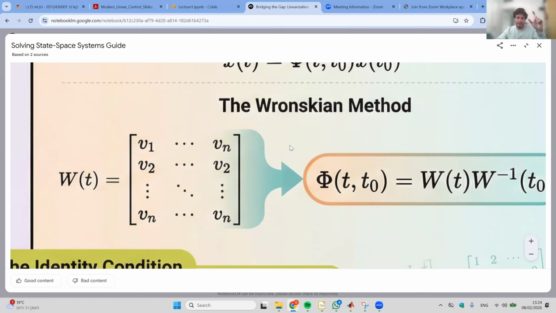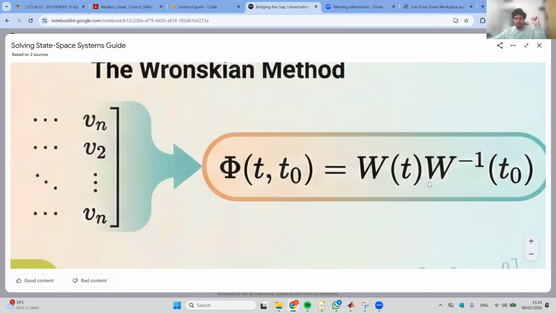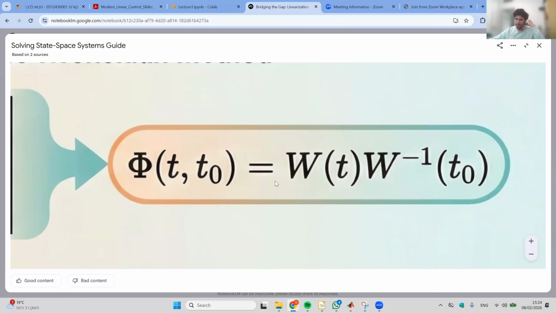If we take n different initial conditions which are all linearly independent, that's important, then for each such initial condition we can write the specific solution, and each such solution we put as a column in a matrix, and this matrix will be W, the Wronskian. Then the transition matrix is the Wronskian at time t times the inverse of the Wronskian at time t0.